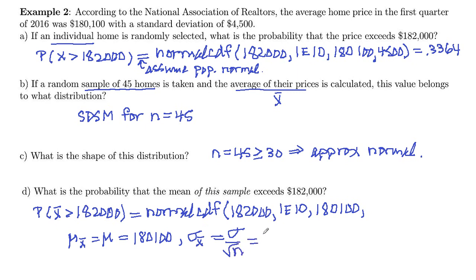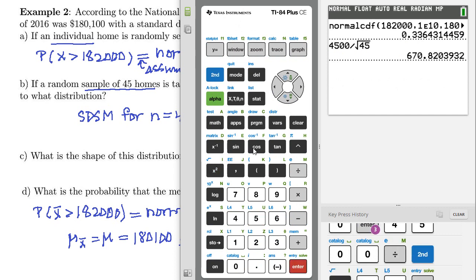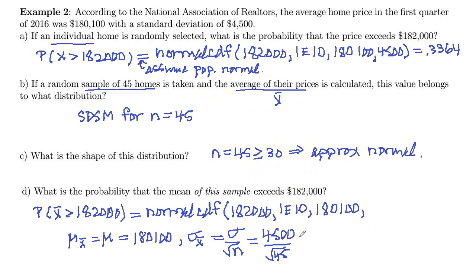So that is going to be our 4,500, and then we divide by square root of 45. So let's compute that on the calculator. 670.82. And that's what goes in the last slot.